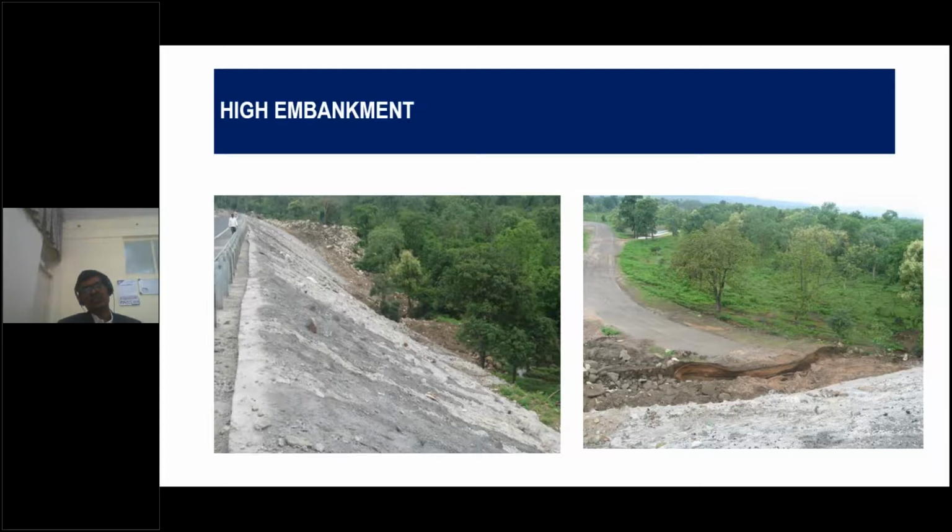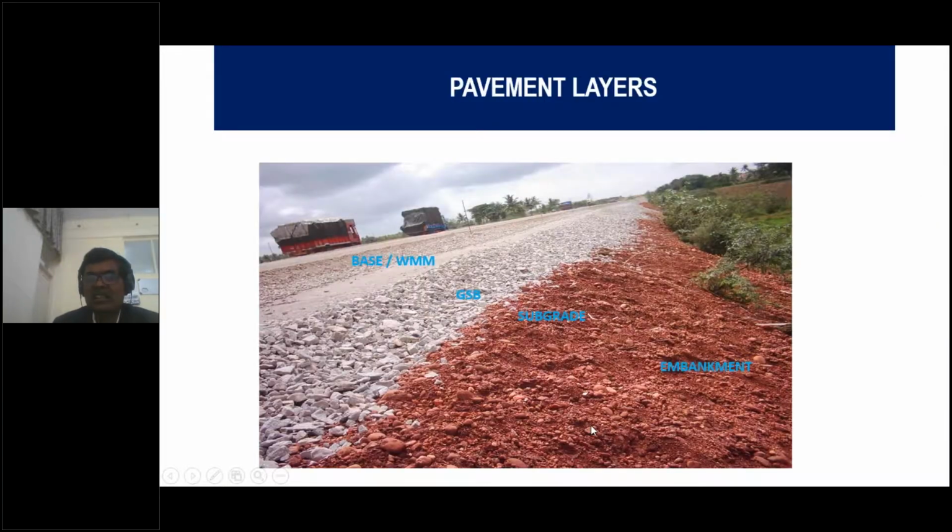Then comes this picture, which shows one of the embankment sites. This is a high embankment, about 8-9 meters or even more, and you can see here a new stream has formed. This new stream was not there earlier. This was the original road, and you can see the new flow here.